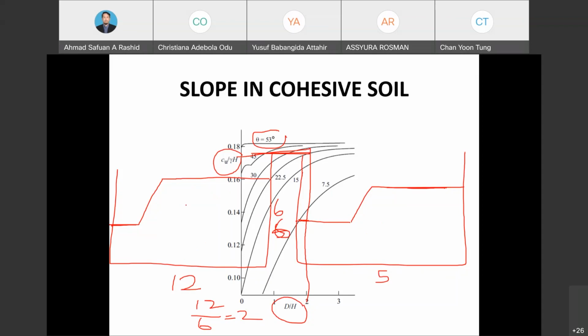Actually when I did my PhD, I ran more than 2,000 analyses using the numerical tools to come out with a preliminary design chart.